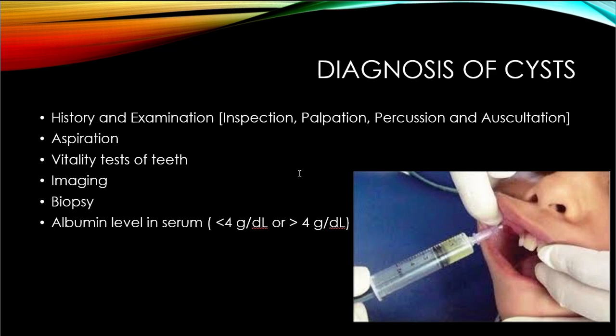Now, we have two types of cysts that we will talk about, inflammatory or developmental. If it's inflammatory, the albumin will be low. In inflammatory conditions, the albumin would be low. In developmental cysts, keratocyst or whatever it is, it will be higher than 4.